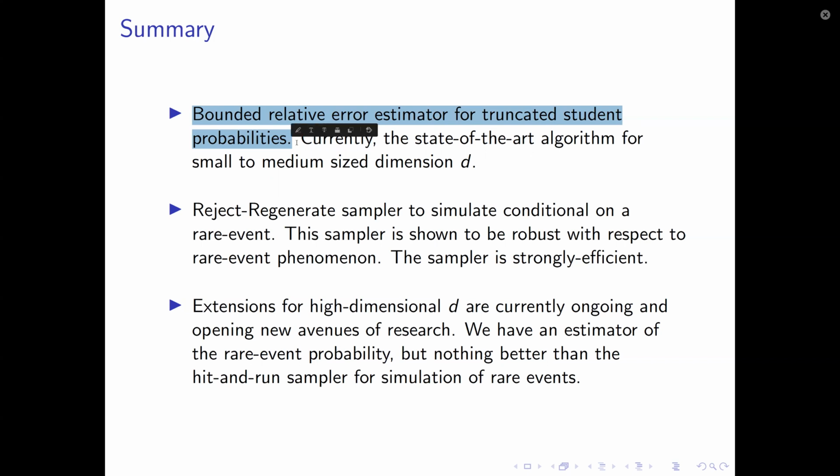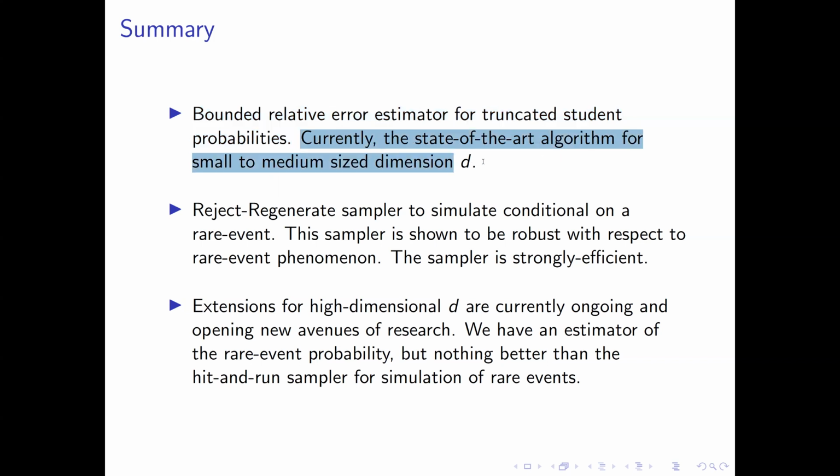This can be used to estimate any multivariate student probabilities. And this is currently the best, most accurate method, as long as the dimension of the multivariate student problem is not too large. So think about this as larger than roughly 10,000.